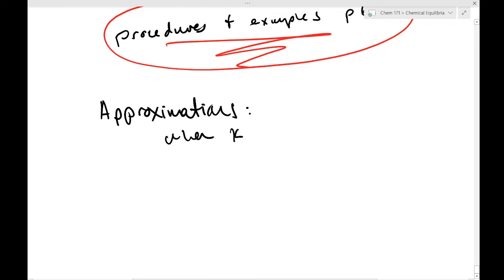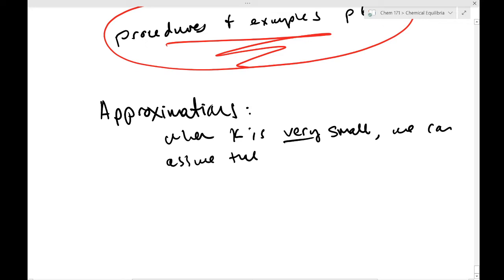Turns out that when K is very small, we can assume that x is much less than A initial.